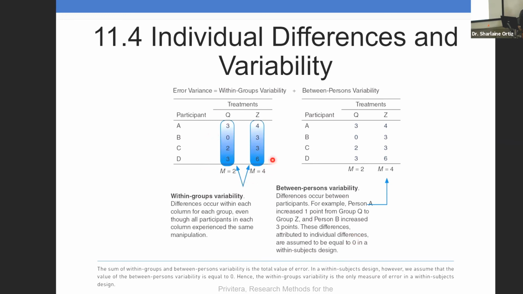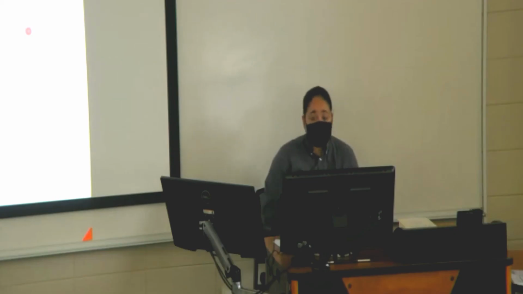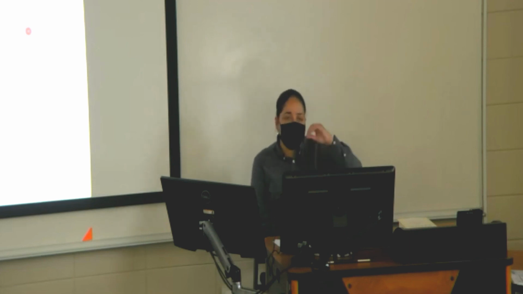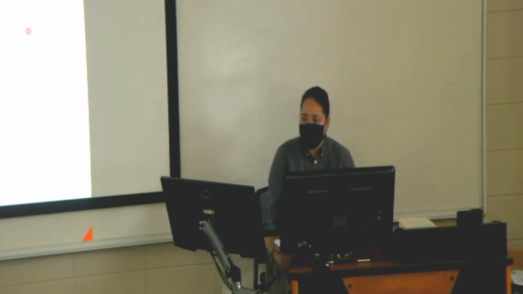If I am observing the same group of people, there are no individual differences. Whereas here, where I'm observing different groups of people, I can say that these differences can indeed be attributed to the difference in the individual characteristics that they possess.